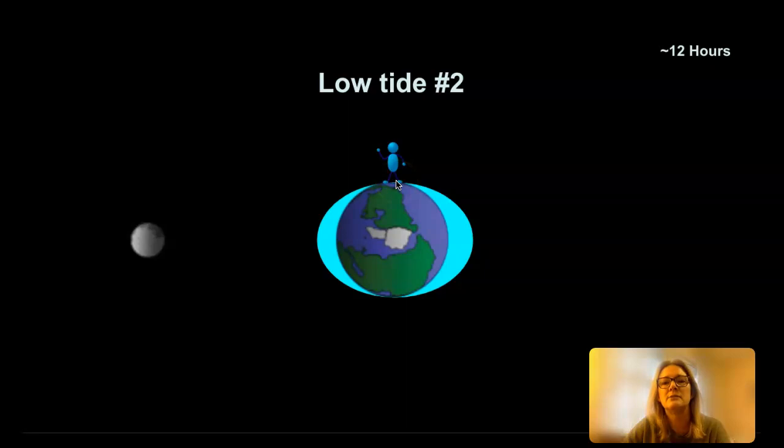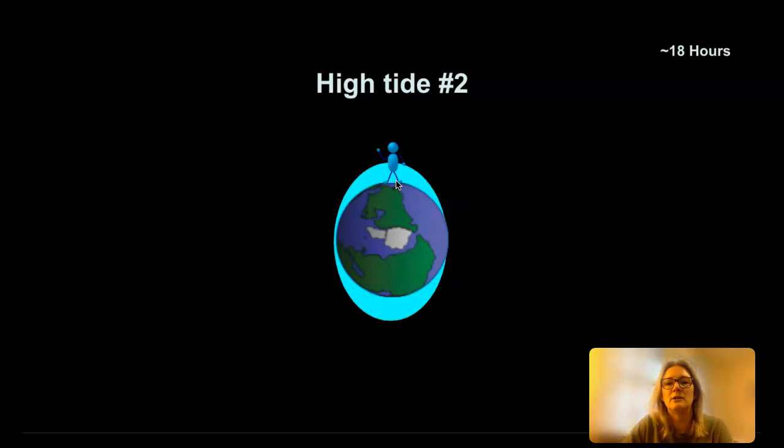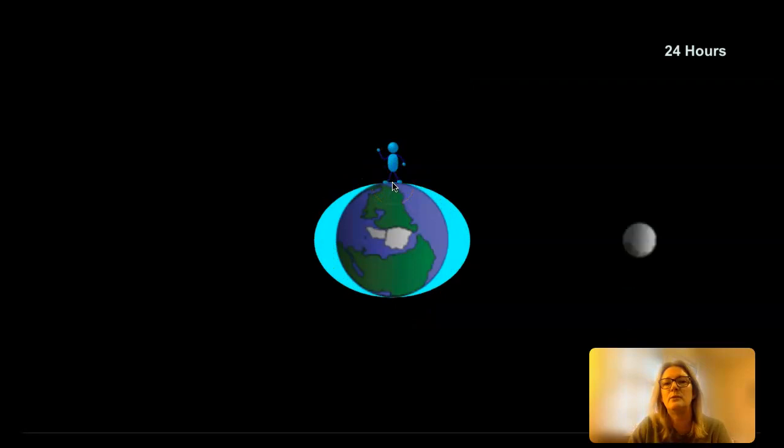Sorry, no, that is low tide number 2. Okay, continuing on. And again, our moon went off the screen to the bottom here. But now our guy at about 18 hours is experiencing the second low tide, and we are back to where we started 24 hours later. So again, 2 high tides and 2 low tides every day because the Earth is spinning within that tidal bulge bubble.